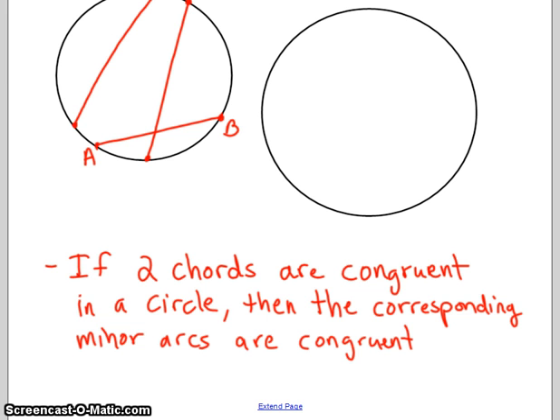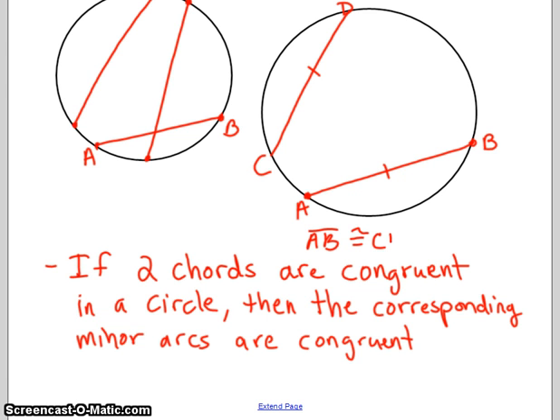So if I have a chord here and a chord here, and they are congruent, then AB, and we know AB is congruent to CD, then arc AB is congruent to arc CD. Alright, that's the first rule with chords.